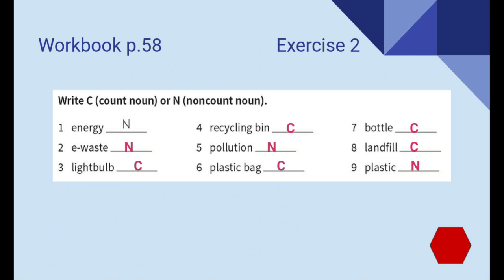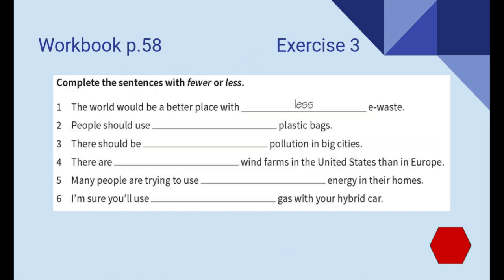Let's go to the workbook on page 58, exercise 2. We're going to be checking the countable and non-countable nouns. Check your answers, please. Now, let's work on exercise 3. Here, we're going to complete the sentences with fewer or less.